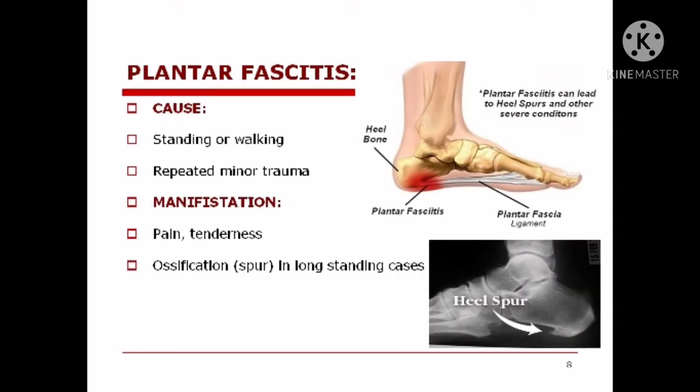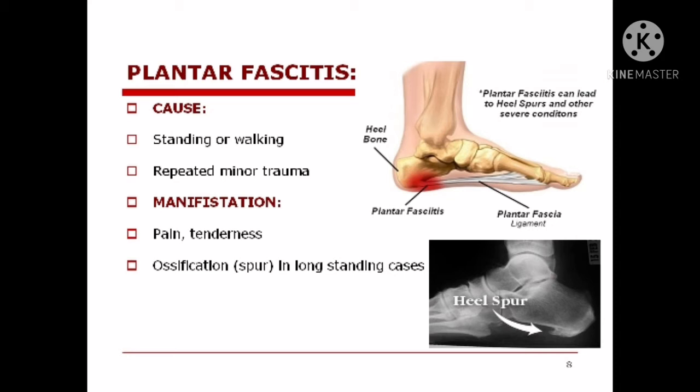Plantar fasciitis. It is a clinical condition of the plantar fascia. It is the inflammation of the plantar fascia. It results in pain in the sole of the foot, and the cause may be long standing or long distance walking, or repeated trauma due to walking on pebbles, or repeated trauma due to any other reasons.